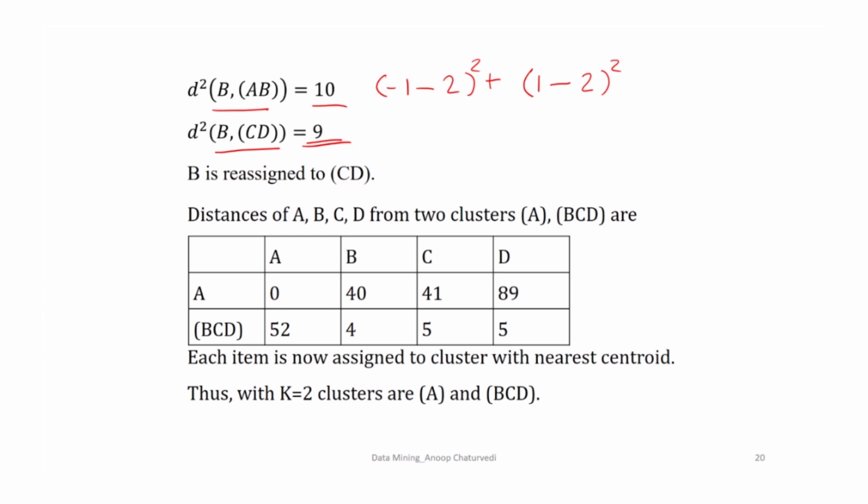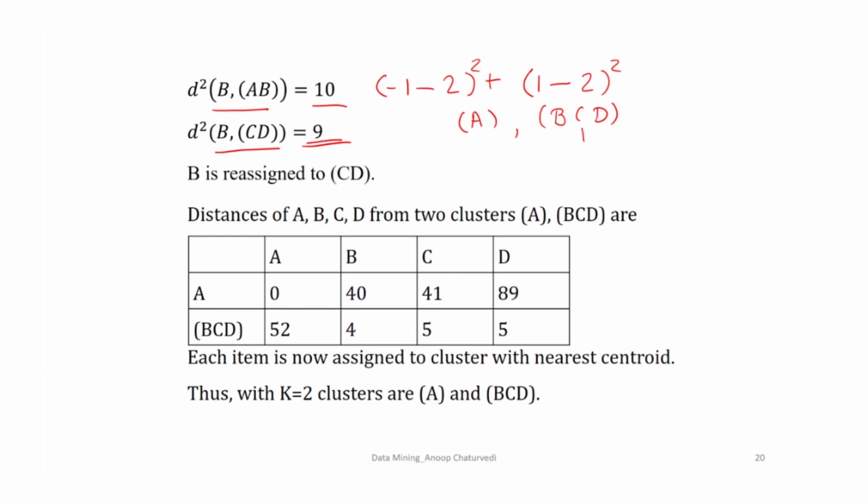Then the two clusters are now A and BCD. Again, we represent this cluster BCD by the corresponding means, and then again we calculate the distances of A, B, C, D from the two clusters A and BCD.